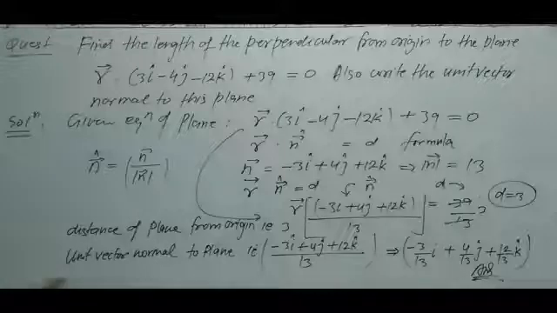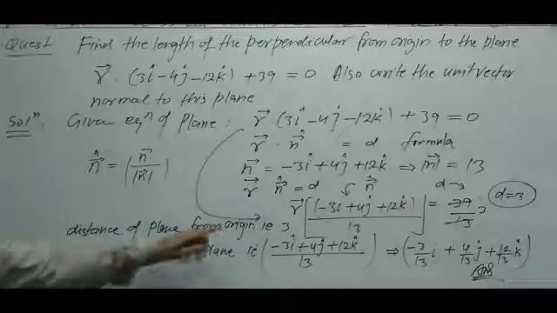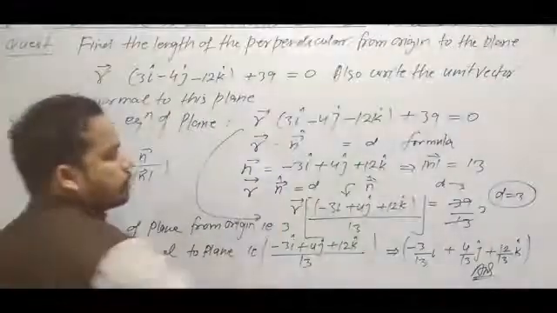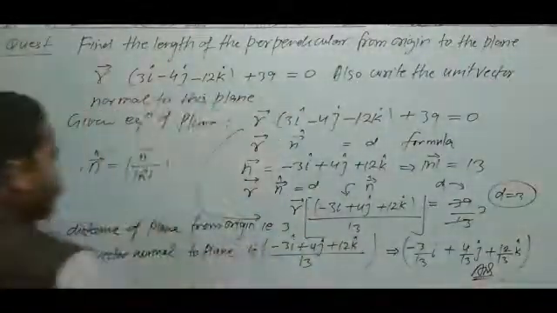So when we calculate and compare from the general equation of plane whose perpendicular distance from the origin is r dot n is equal to d, comparing, you will get distance, that is 3. So distance will be 3.